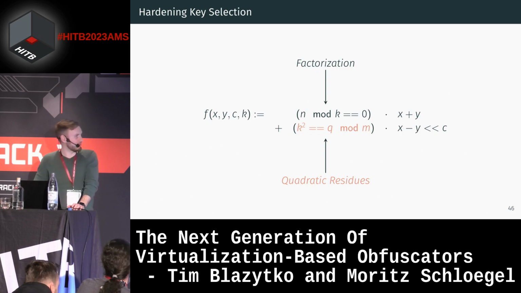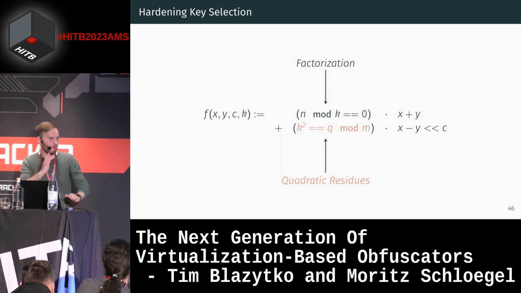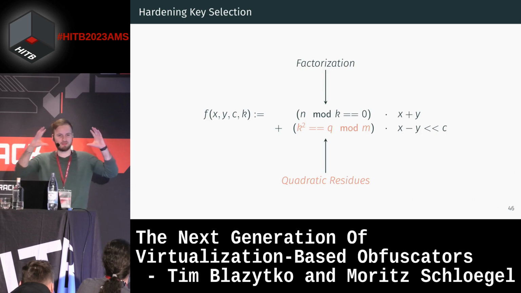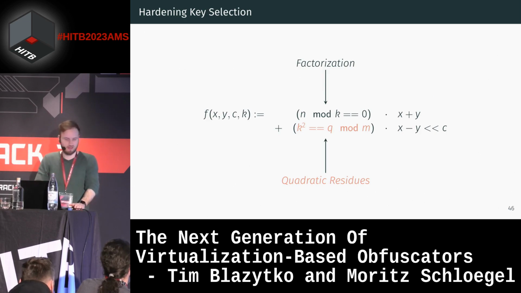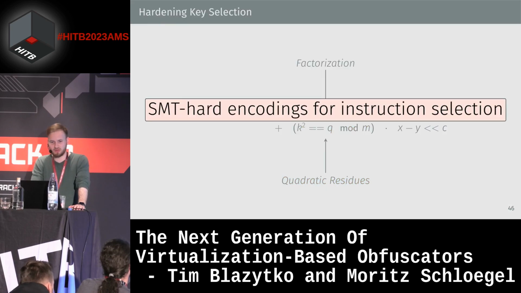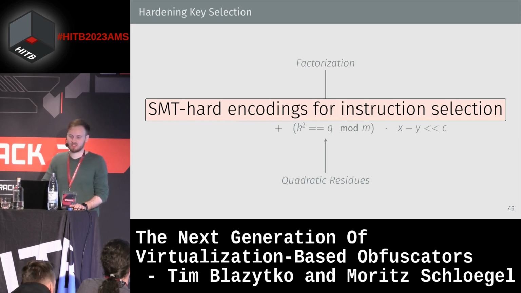Now, the nice thing about these problems is there's a huge search space and there's only a small solution, and there's no partial solution. You can't limit or make the search space smaller. You have to find the right solution by brute force or whatever. And this is very neat because this leads to SMT hard encodings for instruction selection.